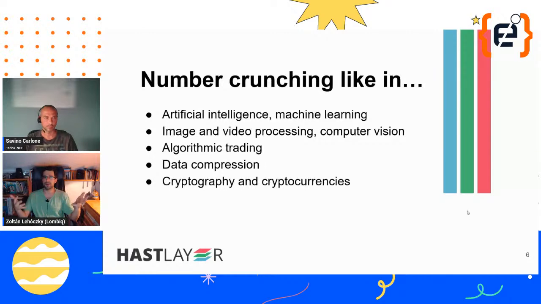Or you work in computer vision, like you work with robots, even industrial ones, or surveillance systems. Or you do some algorithmic trading on the stock market, even high-frequency trading. Or data compression is an important part of your algorithm. Or lastly, you perhaps do something in the areas of cryptography or cryptocurrencies.